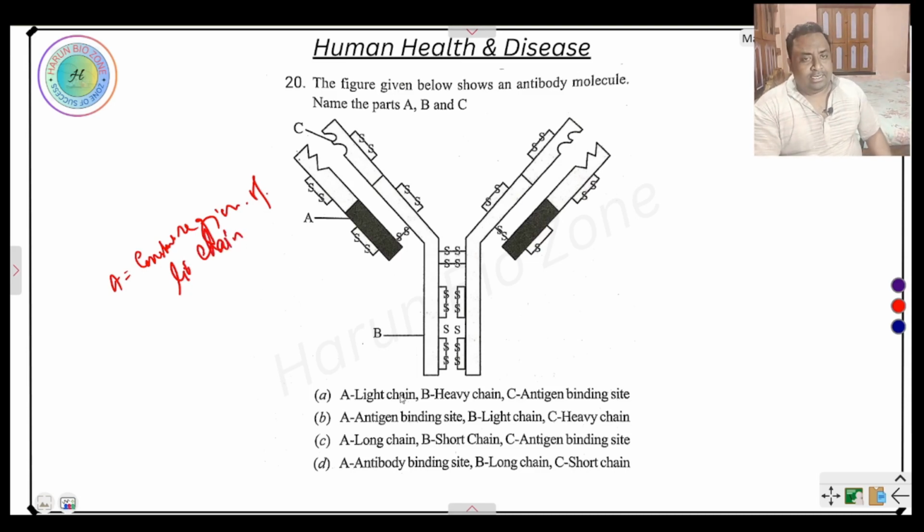A is a light chain, B is a heavy chain, C is the antigen binding site, right? This is called a paratope. So here the option is A light chain, B heavy chain, and C antigen binding site.